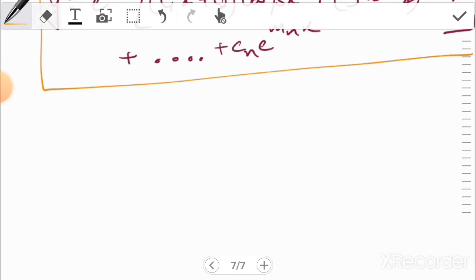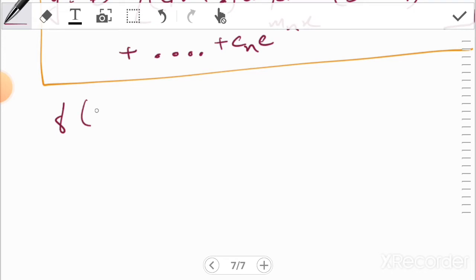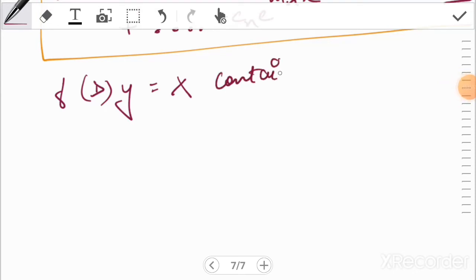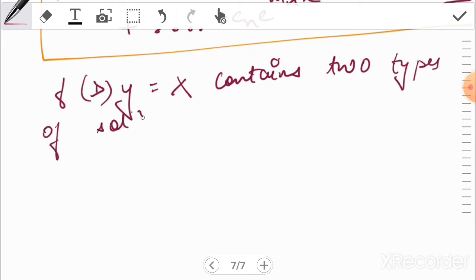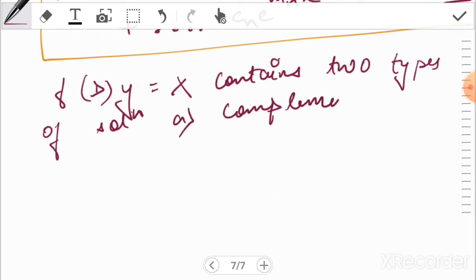We saw that f(D)y is equal to X. So this equation has two types of solution: the complementary function and the particular integral.